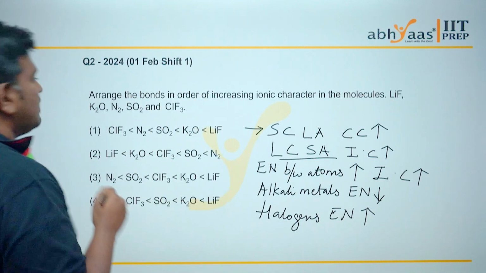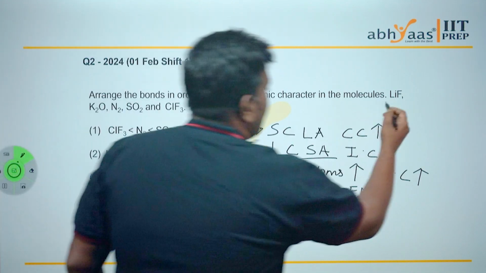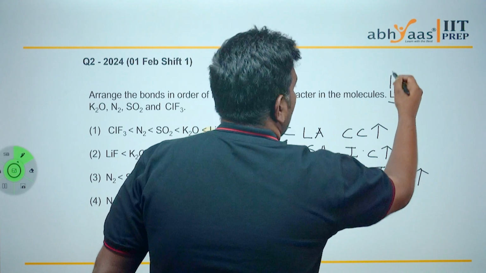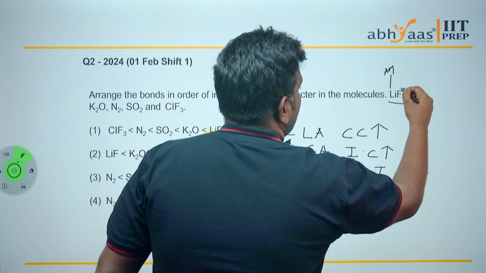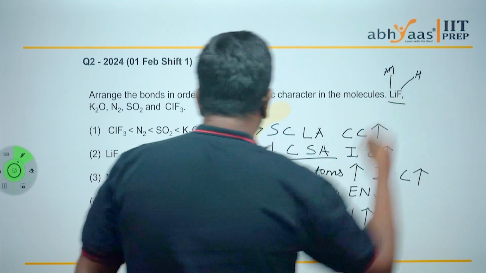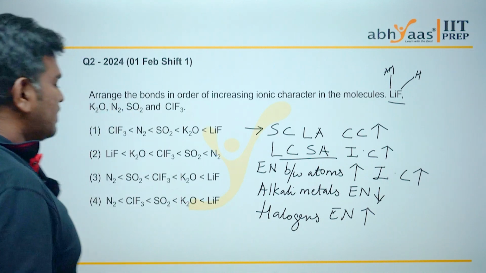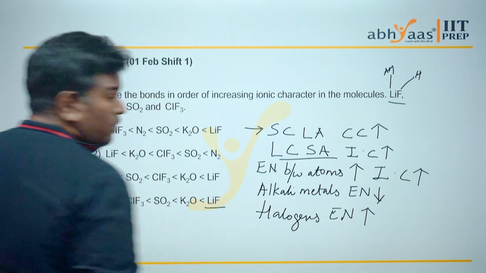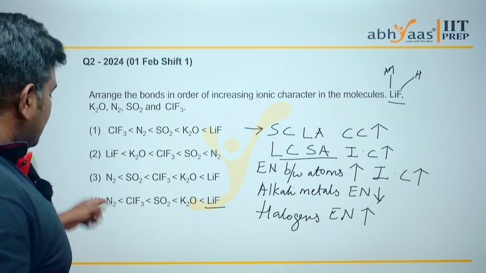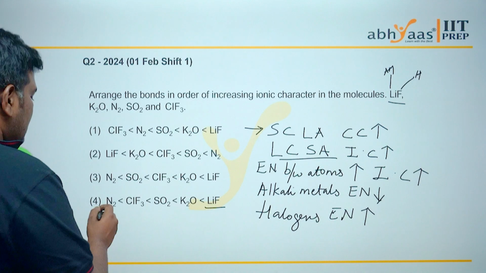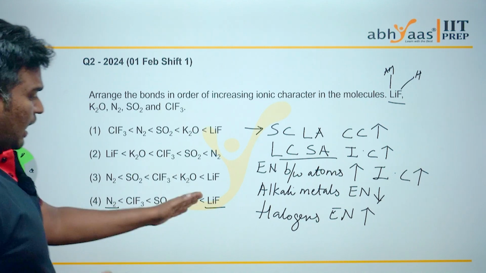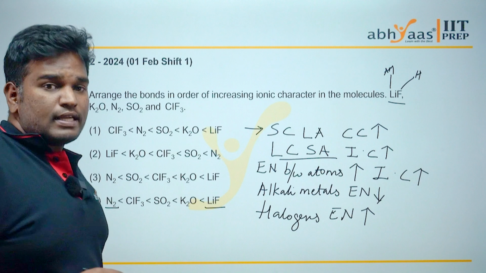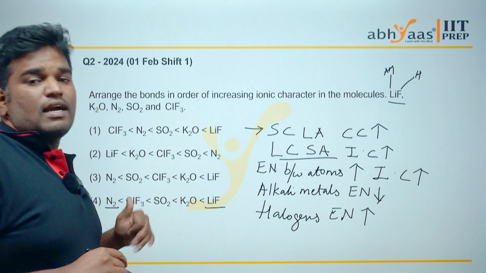So here we have LiF. Right, here it is an alkali metal and you are having a halogen. So obviously LiF will be having very high ionic character, and you can see that N2 will be having the least. So LiF will be having the maximum ionic character and N2 will be having the least ionic character.